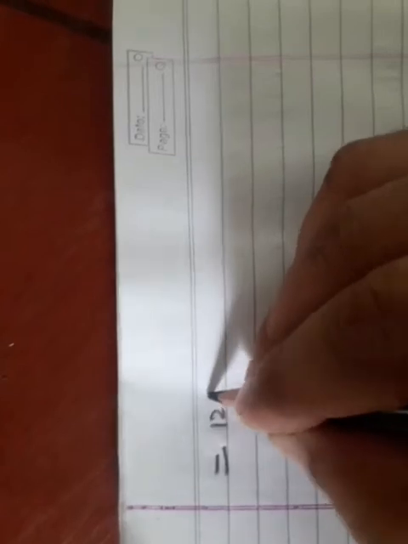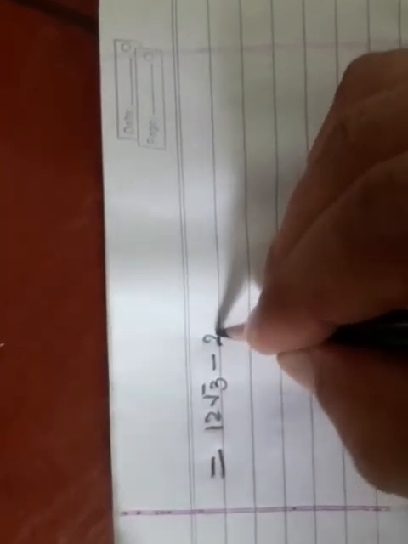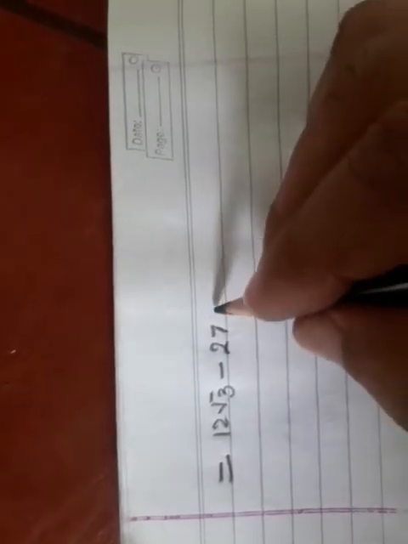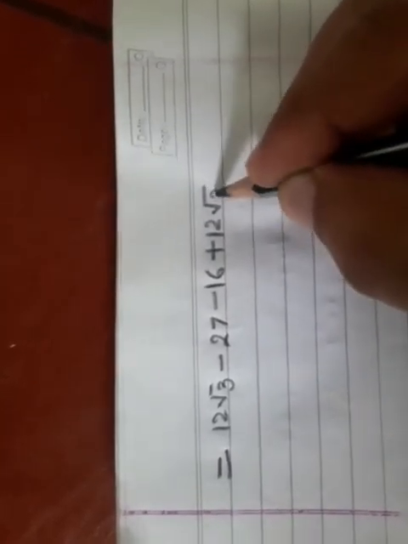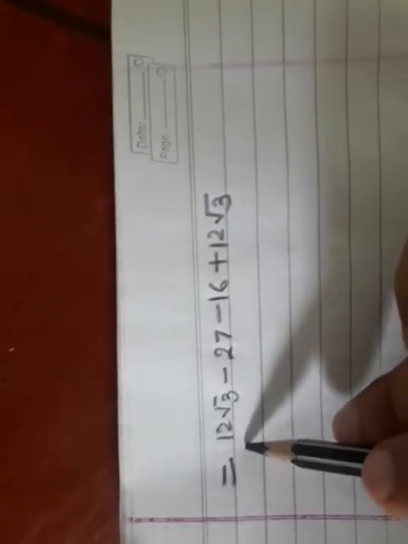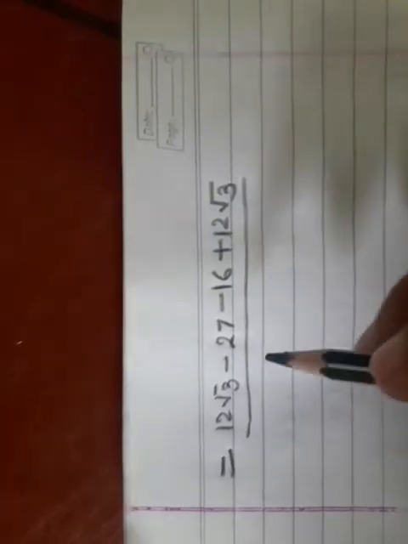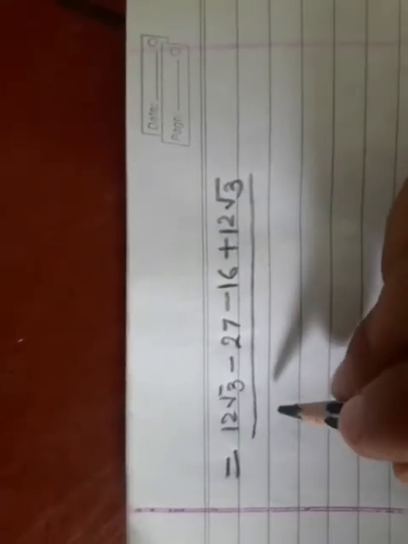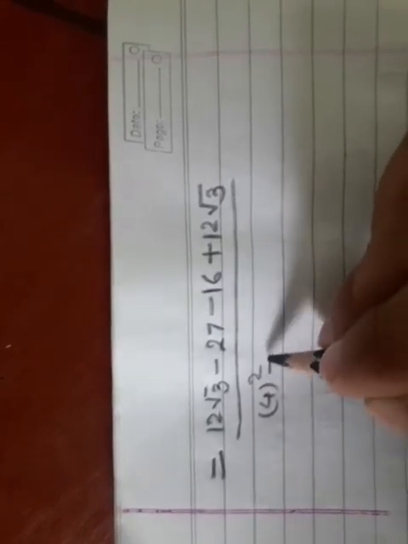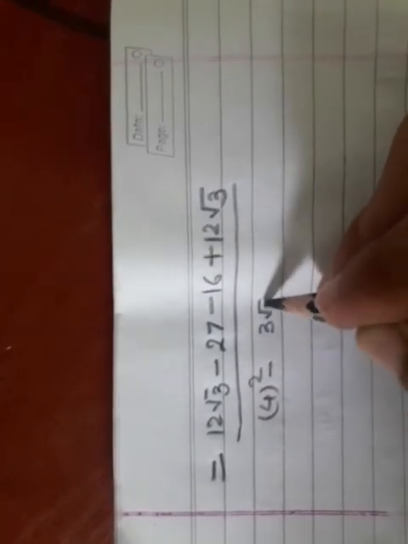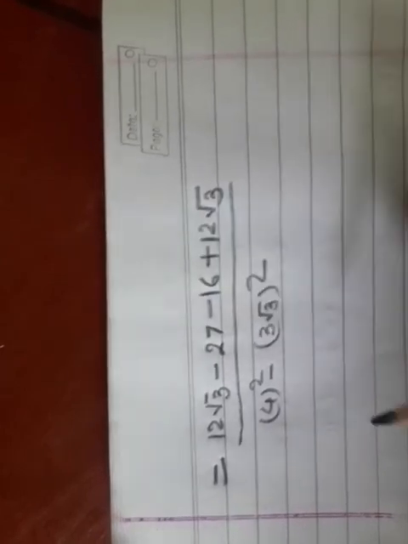So write this one equal to 12 under root 3 minus 27 minus 16 plus 12 under root 3, upon, in the square form, 4 whole square minus 3 under root 3 whole square.